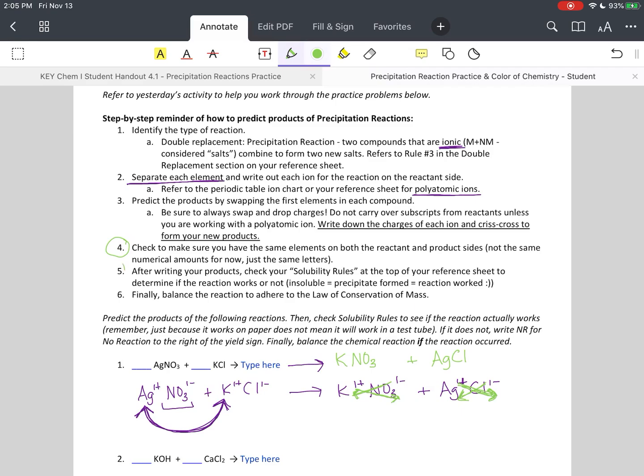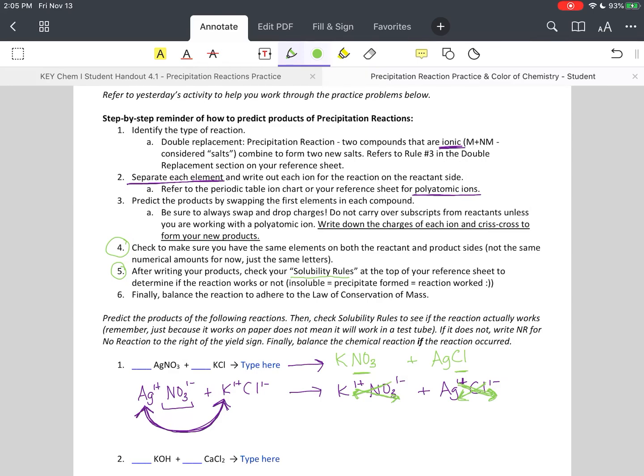So my next step is to look at my solubility rules. I'm going to look at my rules and try to determine if I'm going to write an AQ for soluble or an S for insoluble. The easiest thing to do is to always look at your anion.